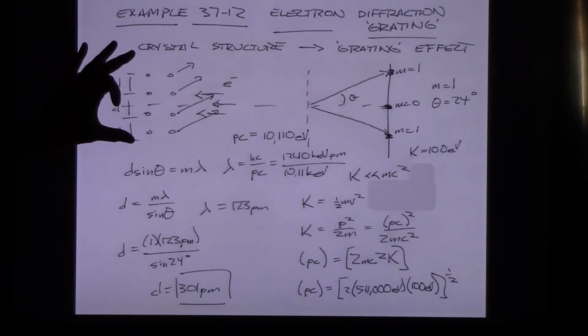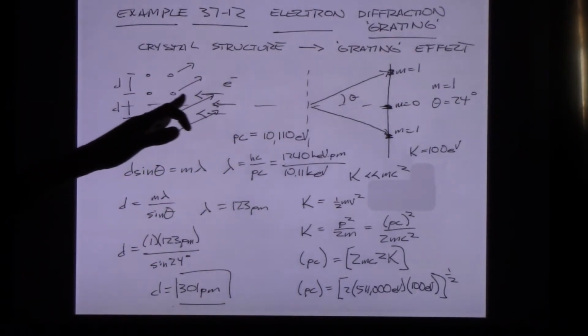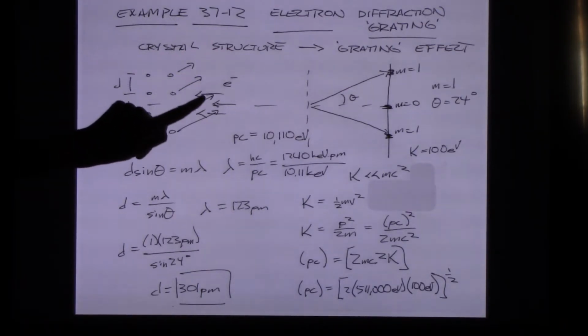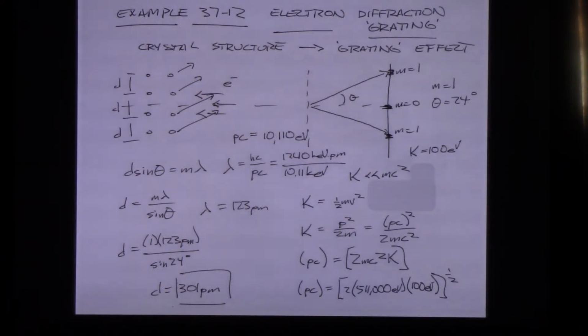Let's see what the picture looks like here. I have a crystal structure with a regular array of a repeating pattern of nuclei and electrons. We're sending electrons in, they're scattering, and since there's a regular array, there are many paths. The electron coming in doesn't just interact with one nucleus. It can interact with many of these nuclei, same thing the photons did, right?